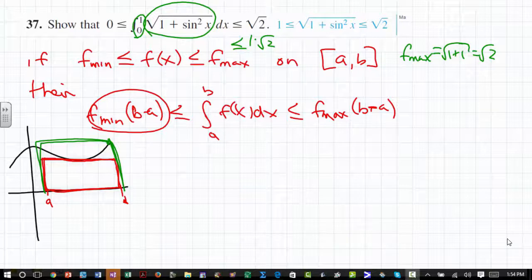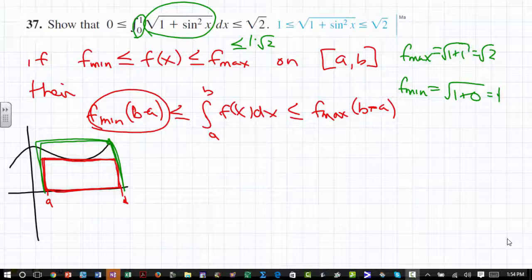So on this end, because f min is equal to, whoops, got that wrong, the square root of 1 plus 0, or 1, that means that this expression has to be smaller than, hold on. This is wrong. It's got to be, the integral has to be greater than or equal to 1 times 1 minus 1. It's got to be greater than 1.